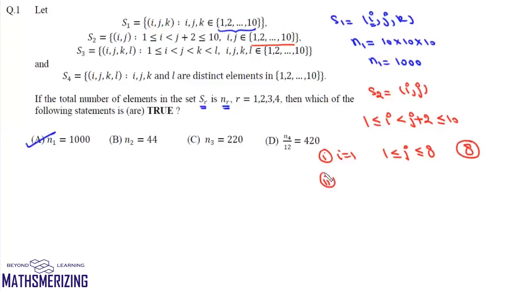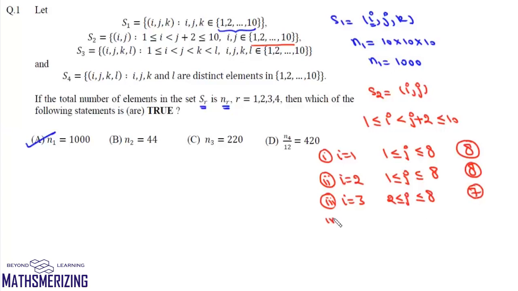Now in the second case, if we take i as 2, then again j is greater than 0. So again j will take the value from 1 and the maximum value is again 8. So again we have 8 choices. If the value of i is 3, then j is greater than 1. So now j will start from 2 and end at 8. So now we have 7 choices.